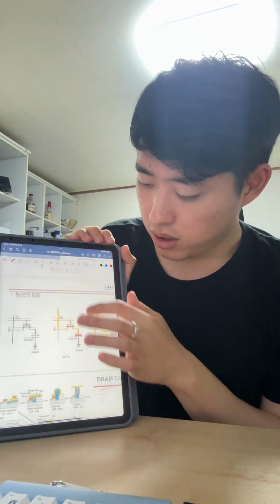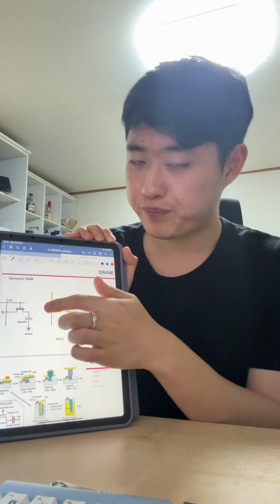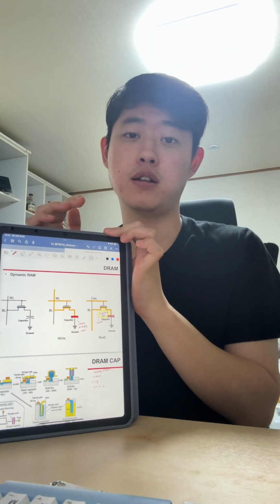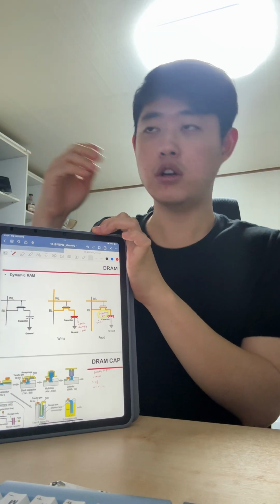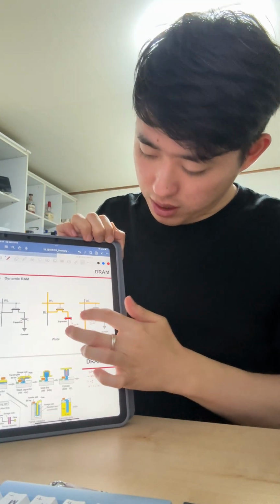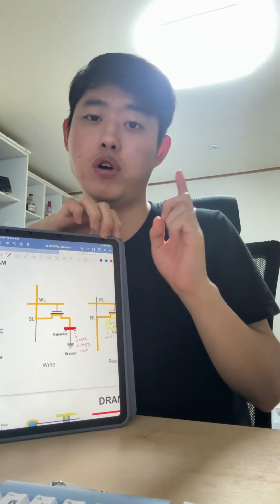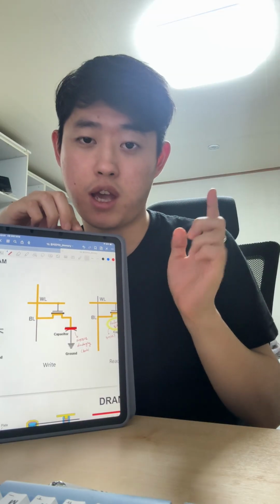Okay. And DRAM is dynamic RAM, so it is dynamic through time, because DRAM is made of one transistor and one capacitor.